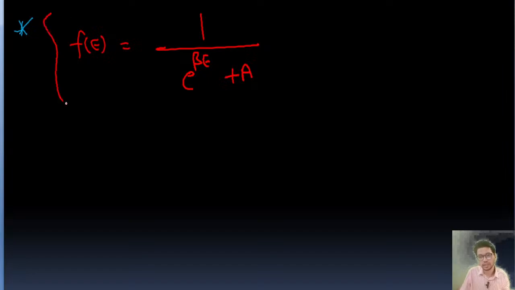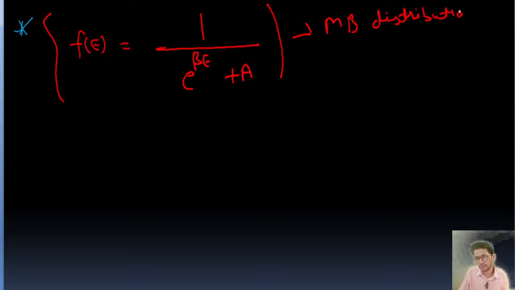Okay, so this is the MB, Maxwell-Boltzmann distribution function. Here you need to know, Fe equal to 1 upon e to the power beta e plus a.